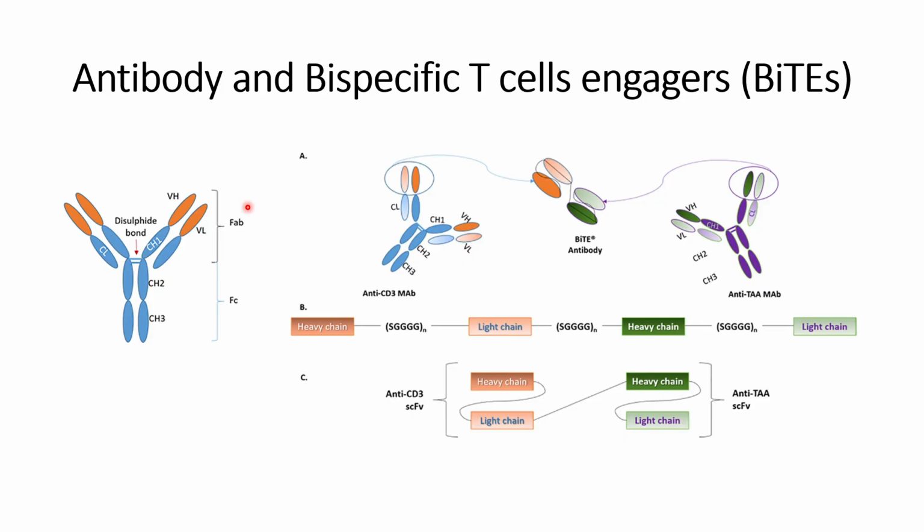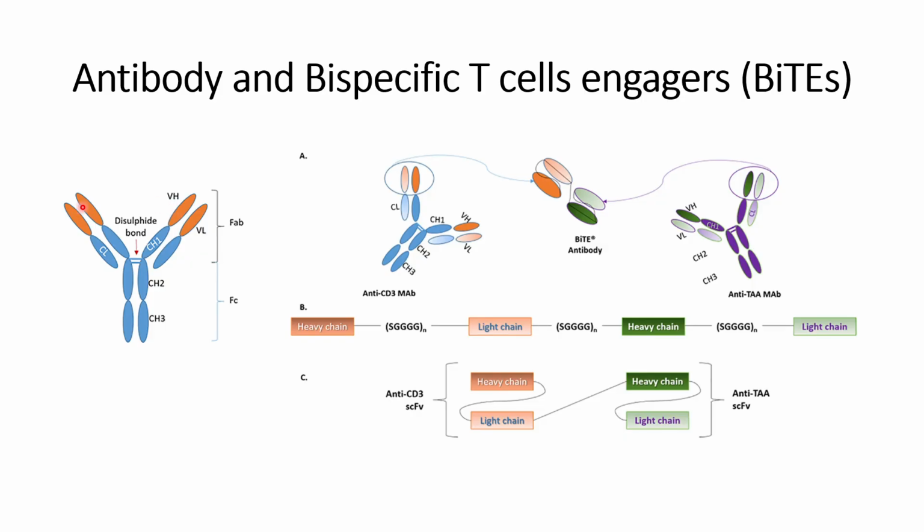Antibodies have two different regions, that is FAB and FC. FAB is the fragment antigen binding region, and FC is the fragment crystallizable region. The fragment antigen binding region contains the variable heavy chain, variable light chain, constant heavy chain, and constant light chain, and it has two sides.